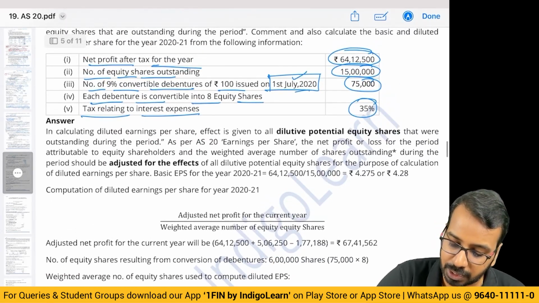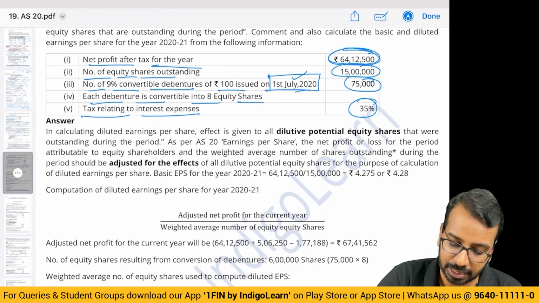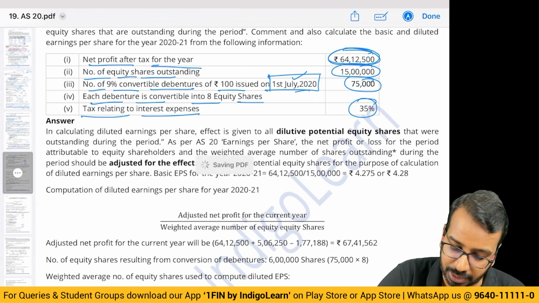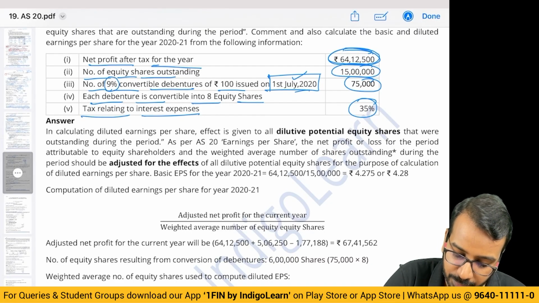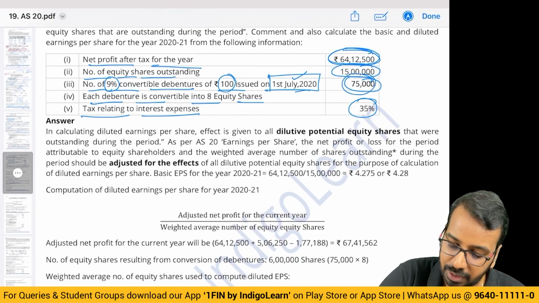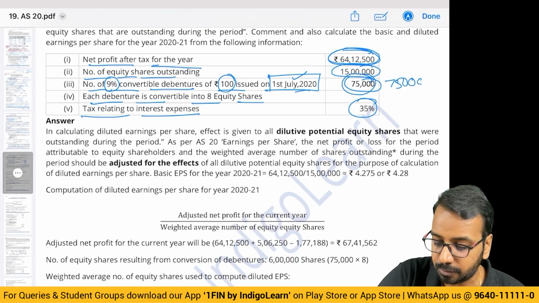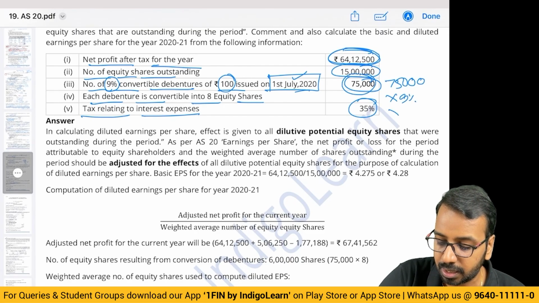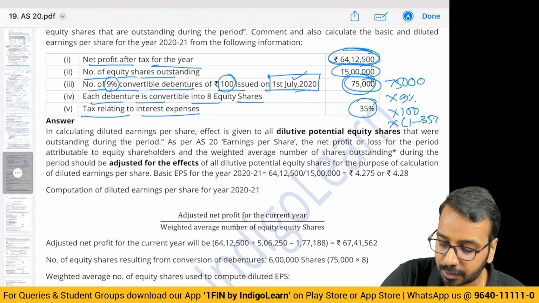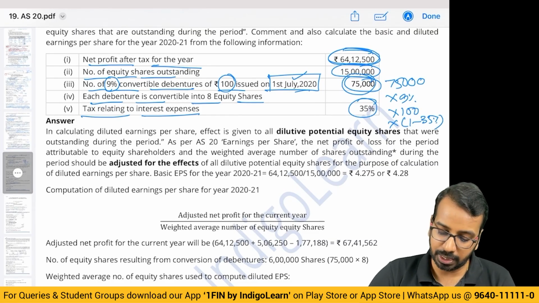Now, for diluted EPS, you will take earnings, then you will adjust the interest. Interest is how much? 9% into 100 into 75,000. 75,000 into 9% into 100 into 1 minus 35%. Basically, that is how you will do the calculation.